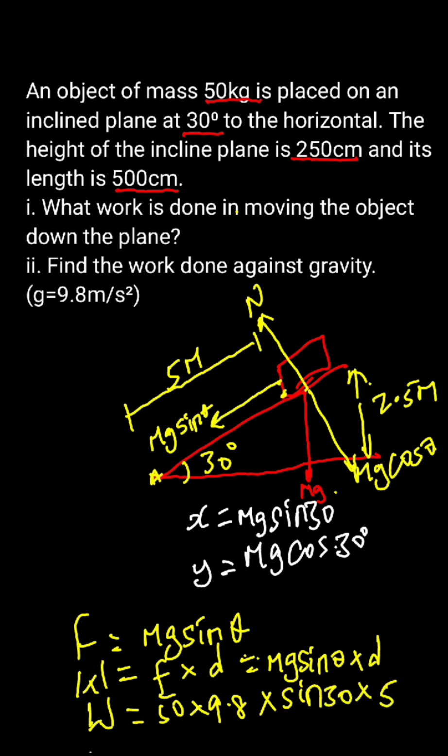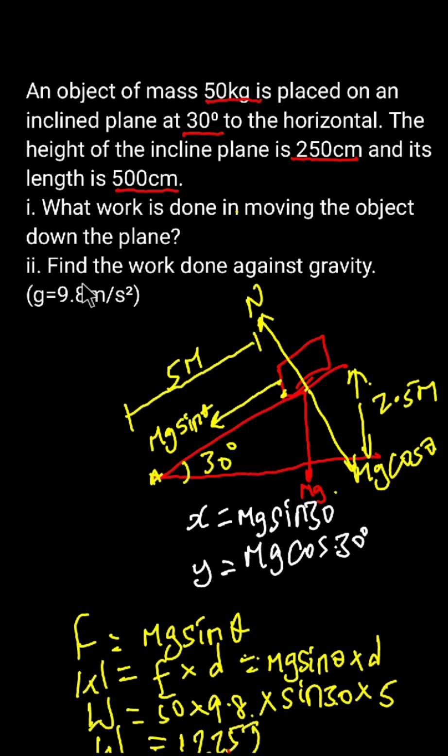If you punch this into your calculator, 50 times 9.8 times sine 30 times 5, you are going to get the work done as 1225 joules. So this is the work done in moving the object down the plane.